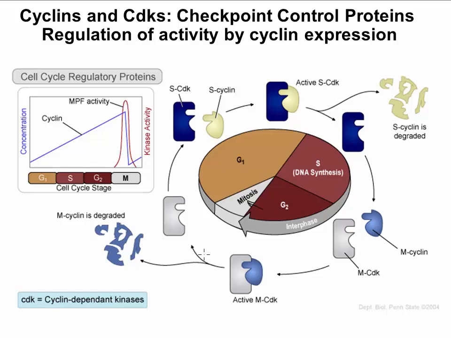So we're going to talk more about this in a little bit, how this cyclin gets degraded and what happens in the cell as a result of that. But this is just sort of explaining why cyclins are called cyclins and how when cyclins are present, we see formation of this complex, which, as we said before, is necessary as a first step to activating this enzyme.